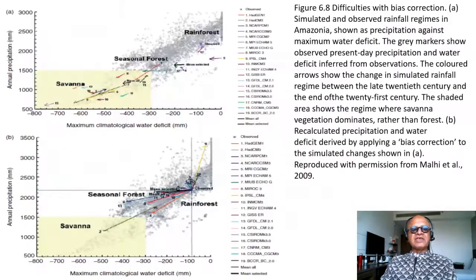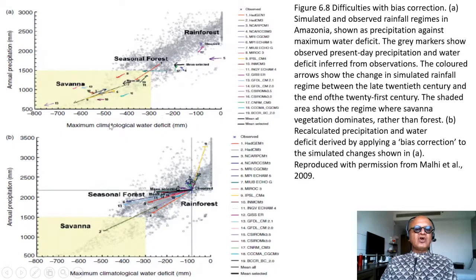There are very sophisticated examples, and this figure here, looking at many models involved in IPCC scenarios, is looking at what difficulties you can still face in terms of trying to correct biases. So this is showing Amazonia rainfall regimes from observations and simulations.